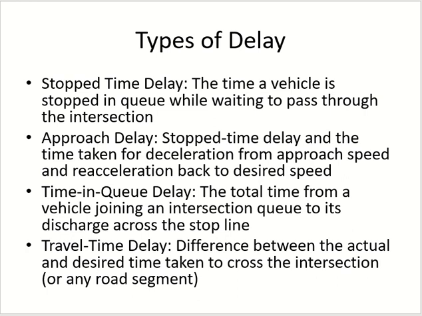Got it? Clear? So travel time delay is the difference between actual and desired. Actual can be observed, desired is calculated from free flow speed. Clear?